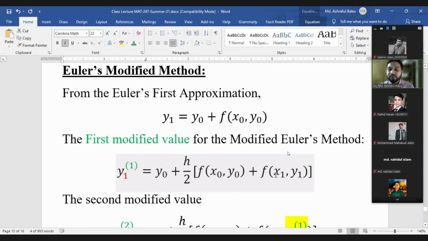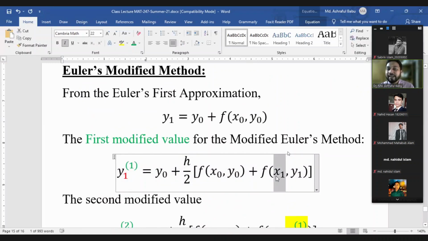So x1, the x equal to something, will be given in your question. That means x1 is the estimated value, where we are solving the differential equation for a particular value of x. You get this point?